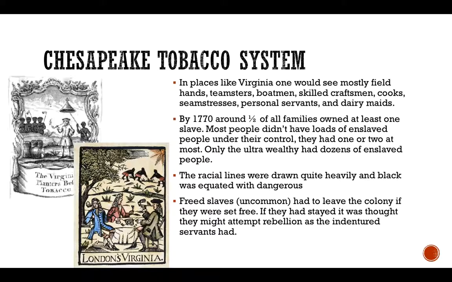If enslaved people were indeed freed and became free Black people, like we saw in the pyramid last week, that little sliver of people, this was extremely uncommon, but if they were indeed freed, they were required to leave the colony of Virginia. They thought that staying would encourage rebellion.